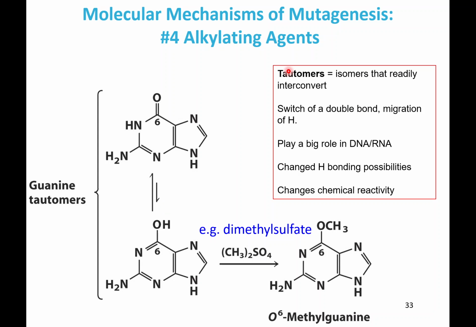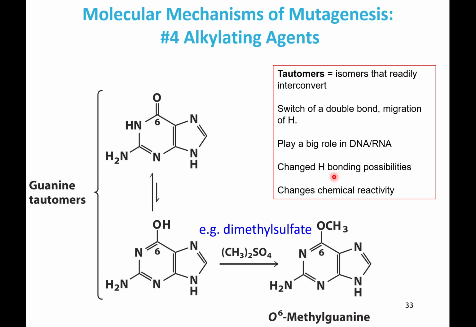And for those of you wanting an organic chemistry refresher, a tautomer is an isomer that readily interconverts. Typically what we're talking about with tautomers is switching of a double bond position. Okay? And these are important in DNA and RNA chemistry.